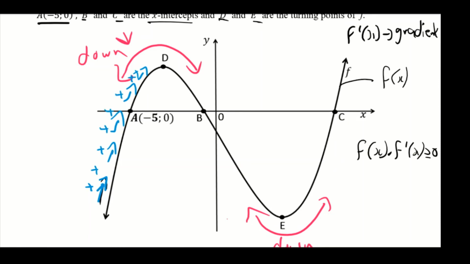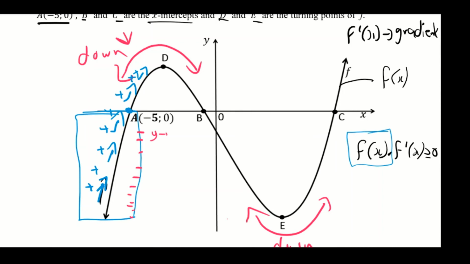If you multiply the positive gradient with the values of y from this point A going down, just this portion here, the values of y are negative. Let me indicate that the values of y are negative.